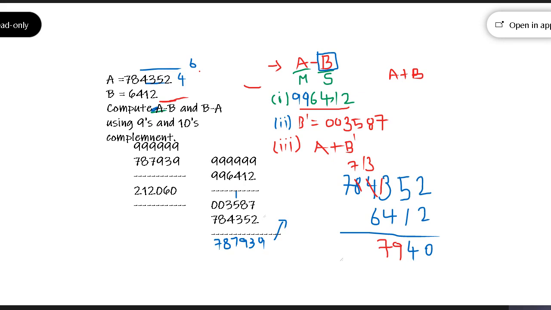Then what is this one? 7, 7. Okay. Now, are you getting the same answer?